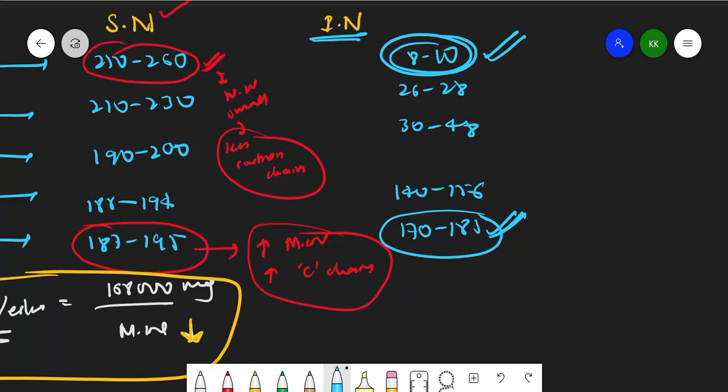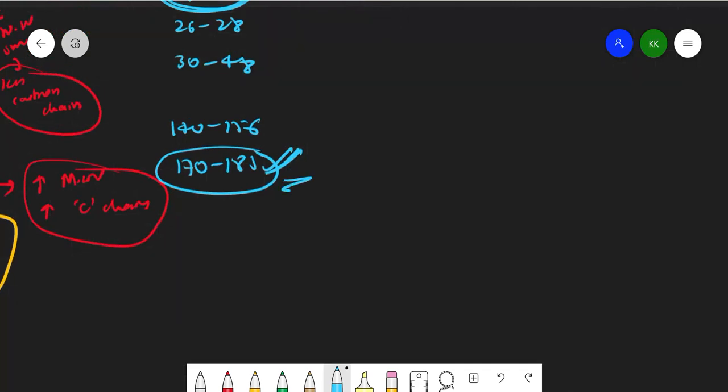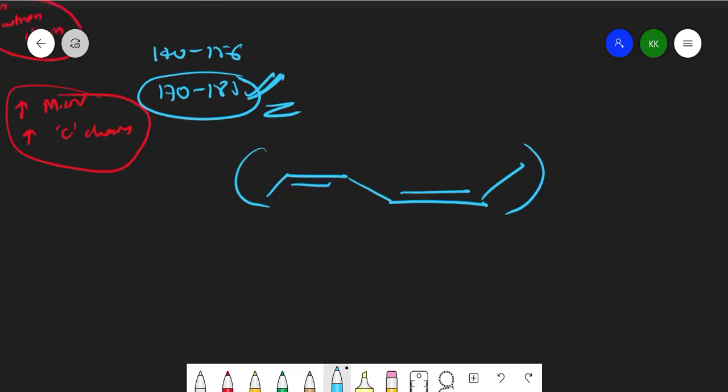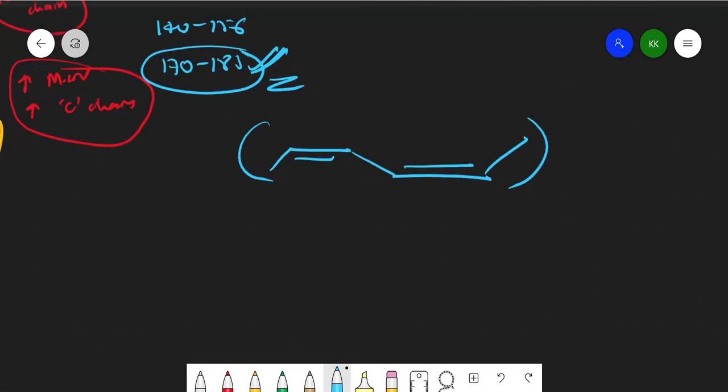So coming to linseed oil, it will have more unsaturation. I don't know the exact structure, but the unsaturation is more. So just write: linseed oil has more unsaturation. How did I tell?